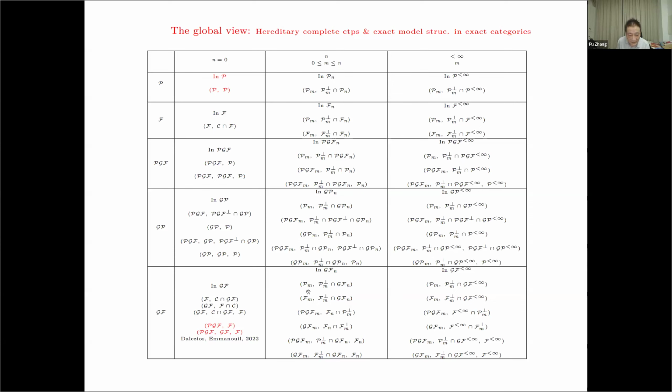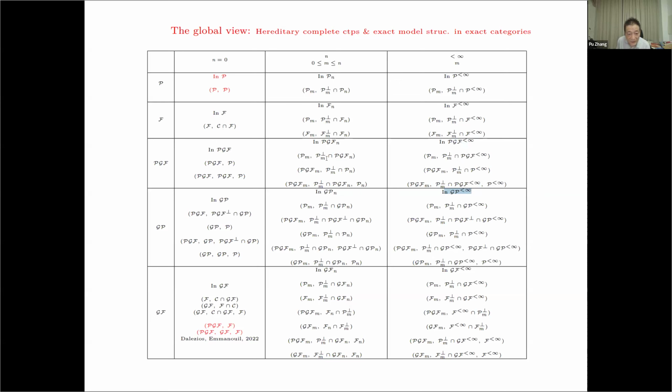If you see this table, for example, this is in GP, this is in GF, this is in PGF, this is in F infinite, that means all the modules with flat dimension finite, and the PGF, and this is all the modules with Gorenstein projective dimension finite. All these are exact categories.